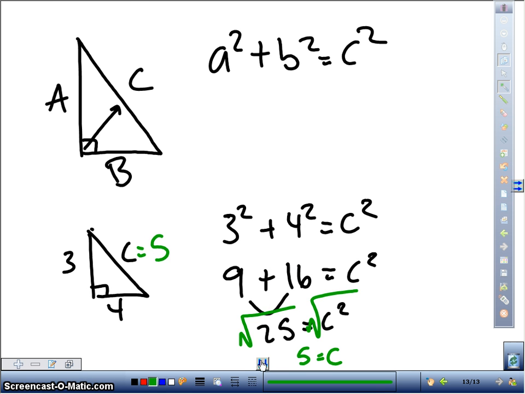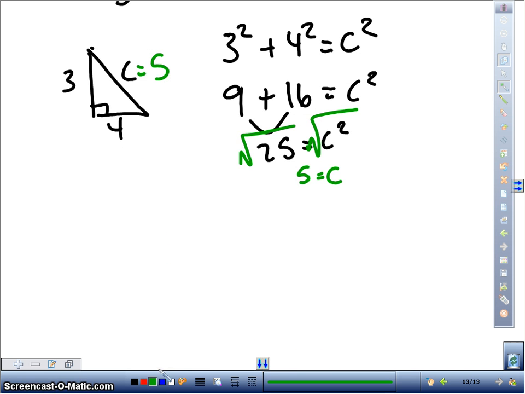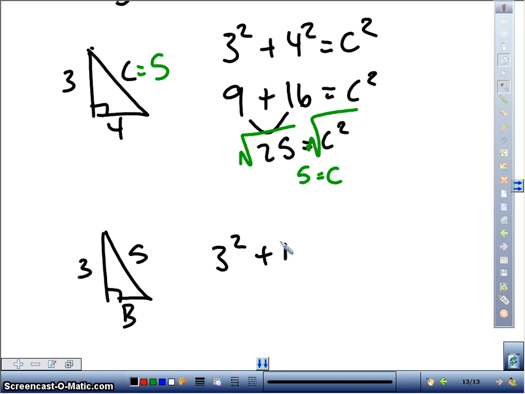It gets a little trickier when we have c and a and b. So when that's the case, let's go with 3 and 5 and b. So we'll say we don't know that one. So we would go 3 squared, because that's a, plus b squared, and then c squared, which is 5. And so I'd get 9 plus b squared equals 25.